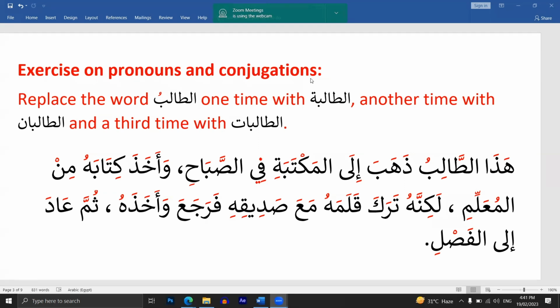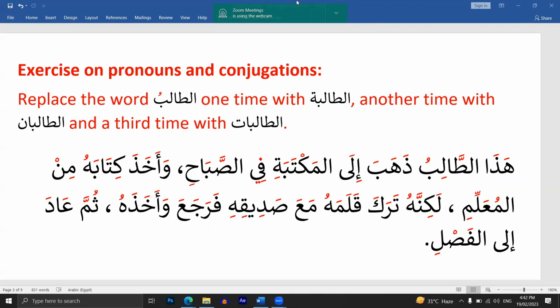هؤلاء الطالبون ذهبوا إلى المكتبة في الصباح. Wait, we are talking about الطالبات. It's feminine plural. So it will be ذهبن. هؤلاء الطالبات ذهبن إلى المكتبة في الصباح.